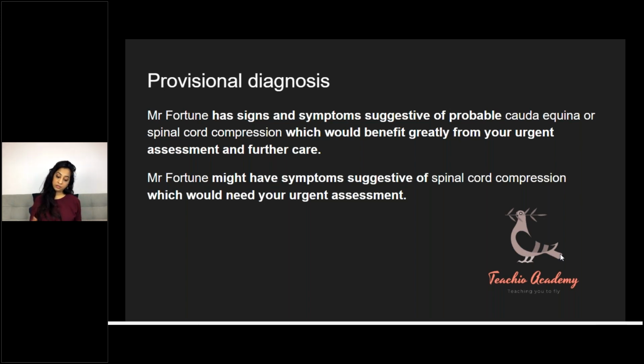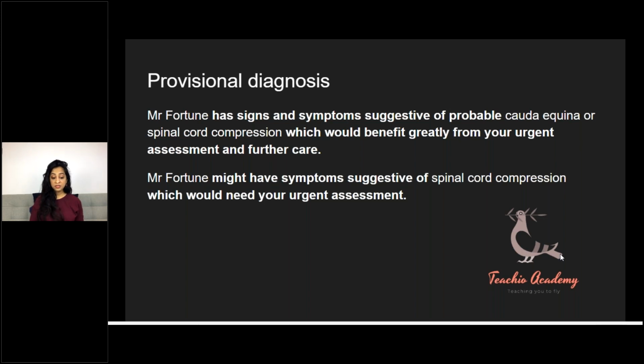If it's a patient who has chronic back pain, but you don't really know what the back pain is, and now you're referring your patient to a neurosurgeon, but you don't know what the diagnosis is, then you might modify that sentence and write: Mr. Fortune has symptoms of intractable back pain, which would benefit greatly from your assessment and further care.